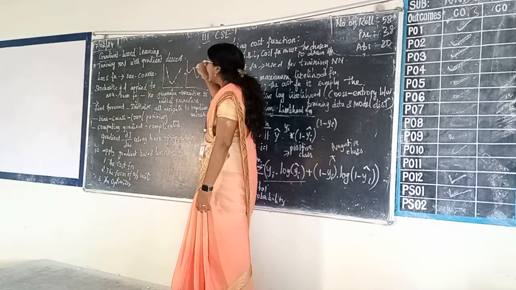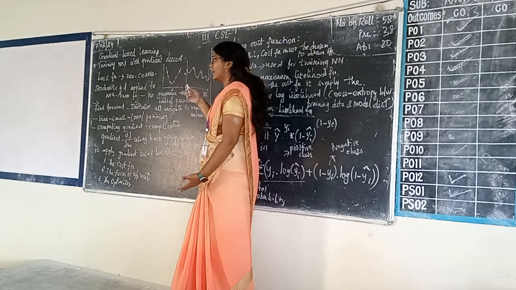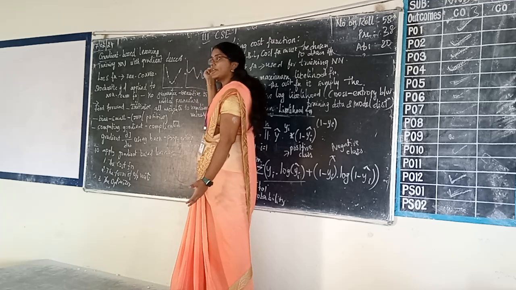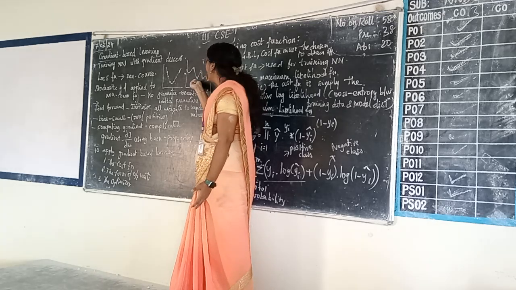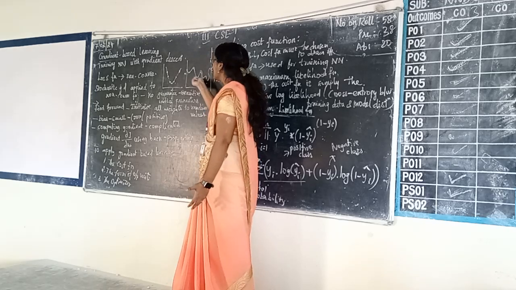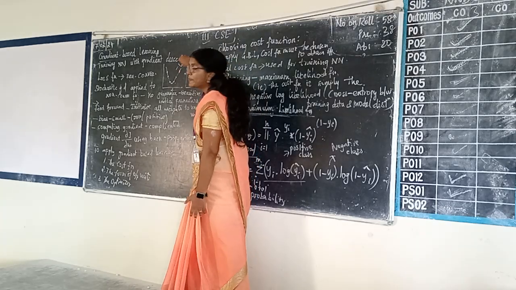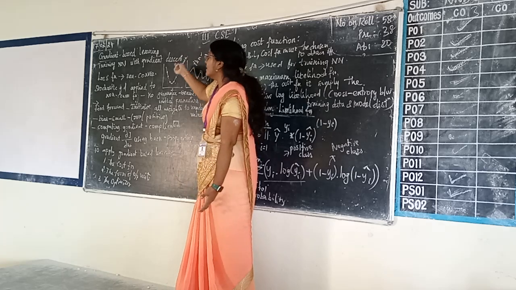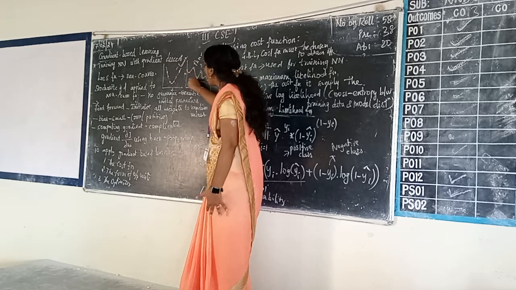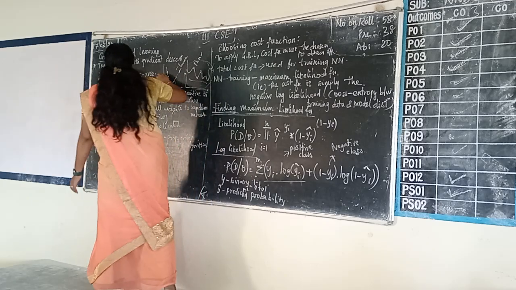But for a non-linearity problem, we cannot get the global minimum point. Rather, you will be getting small local minimum points: minimum, then maximum, then minimum, maximum again. So this is for non-linearity and this is for linearity. In order to solve this, we are moving to neural networks.